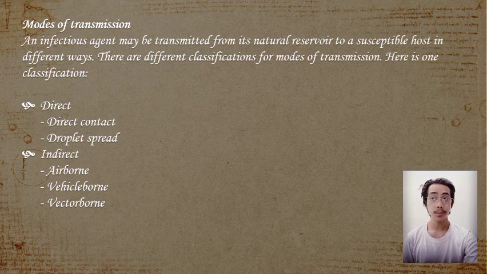Pertussis and meningococcal infection are examples of diseases transmitted from an infectious patient to a susceptible host by droplet spread. Under indirect transmission, we have airborne transmission, vehicle transmission, and lastly, vector-borne transmission.